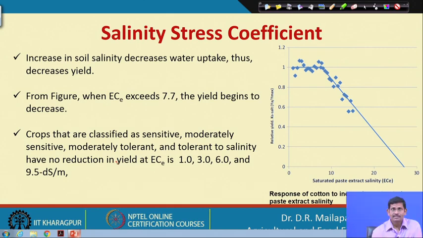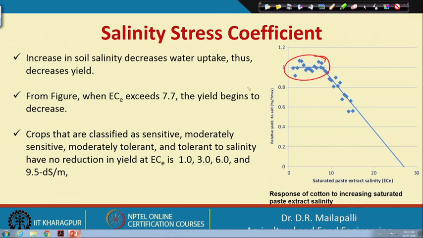Based on that concept the crops are classified, because the response to these thresholds is different from plant to plant, or crop to crop.